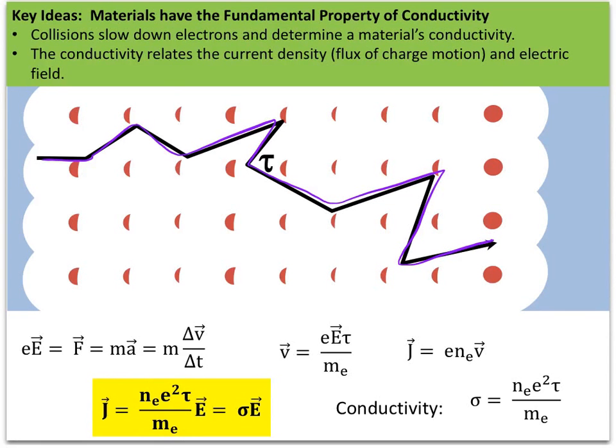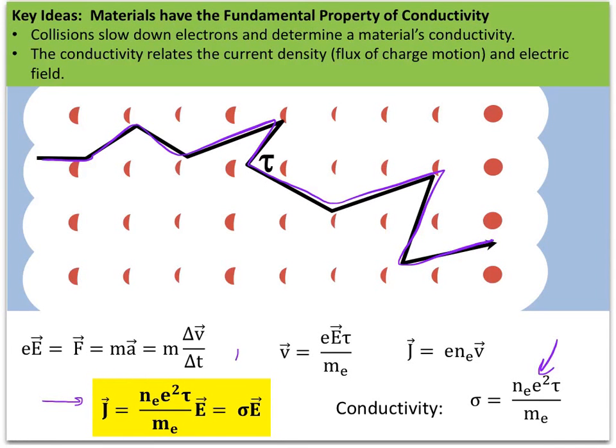And using a model of how this moves, we talked in the lectures about how we can calculate the conductivity, which is given by this expression right here. You can go and look up what those variables mean in the other video. And we saw we could relate the electric field inside a material through the conductivity, sigma, to the electric field.